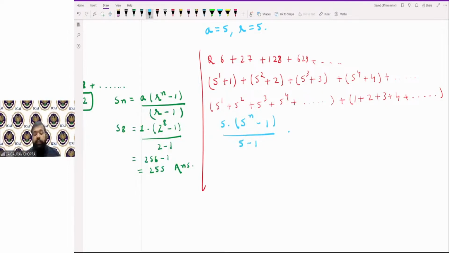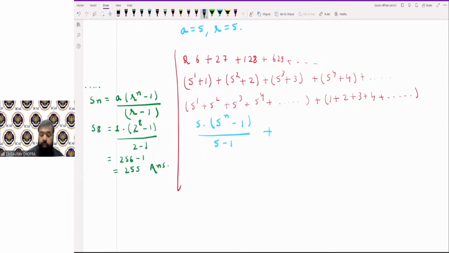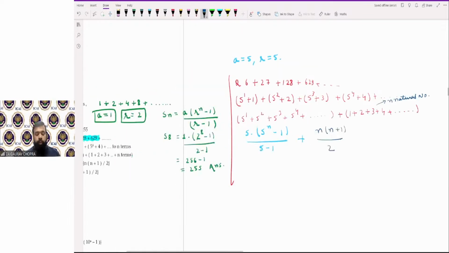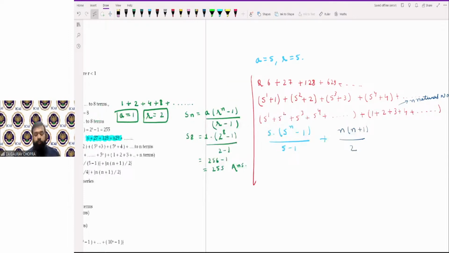Now, in second case, it is 1, 2, 3 and so on. Sum of first n natural numbers. यहां पर क्या बन रहा है आपका? n natural numbers. तो n natural numbers का फॉर्मूला क्या होता है? n into n plus 1 upon 2.